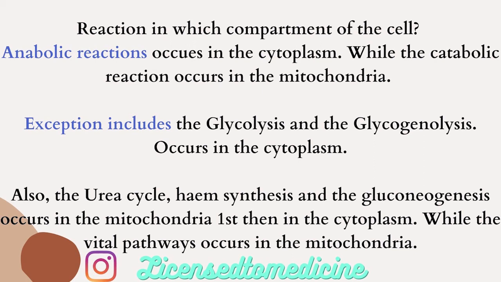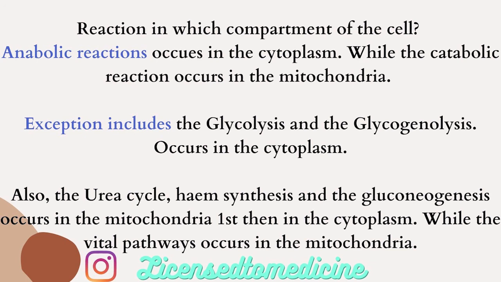Also, the urea cycle, heme synthesis and gluconeogenesis occur in mitochondria as well as cytoplasm. So we have some reactions in the body which occur in both the compartments, cytoplasm and also the mitochondria. All the reactions which take place in both compartments actually start in the mitochondria.